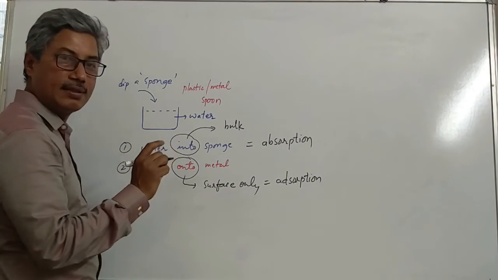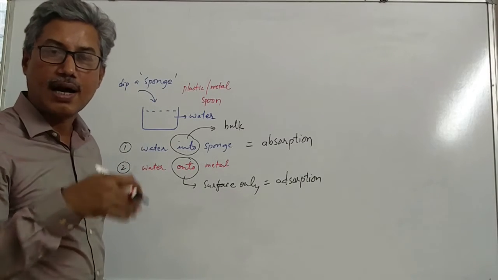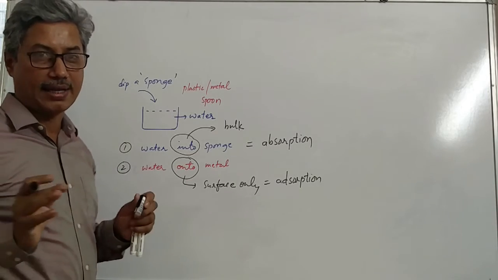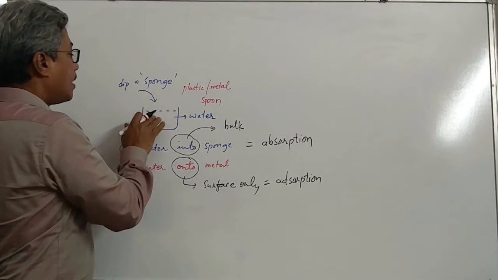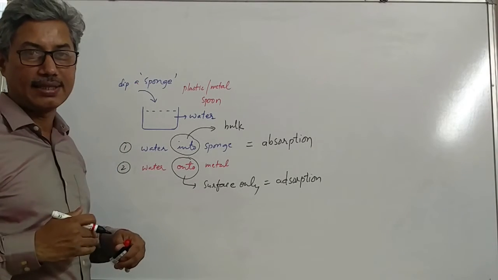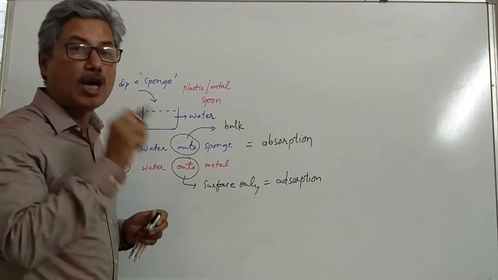See, students, absorption deals with accumulation of particles into the body of other particles. For example, a sponge takes water into the body of the sponge. That means here water is undergoing absorption.